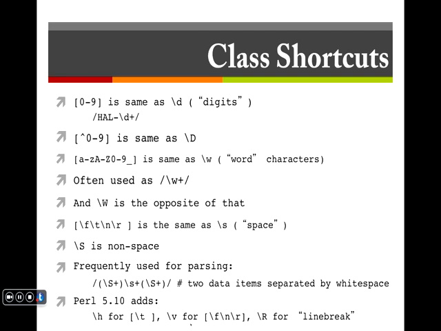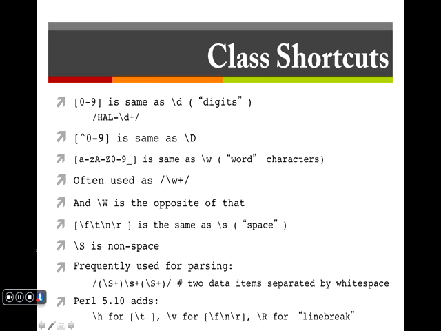Now, the class shortcuts. Of course, in Perl we should have some kind of shortcuts. Instead of saying match every digit, you can use backslash lowercase d. If you negate this one, you can instead use backslash capital D. So here I'm saying anything except the digits. Also you can use the backslash w for word characters.